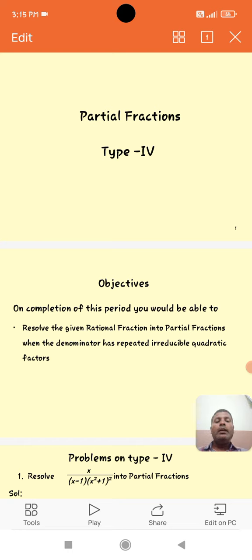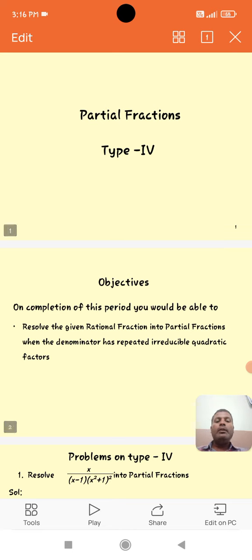There we learned how to resolve into partial fractions whenever non-repeated, repeated and irreducible quadratic factors are given. And we also learned about the different types of fractions, proper fractions and improper fractions. So many topics are covered, and we'll learn how to solve the different types of problems.